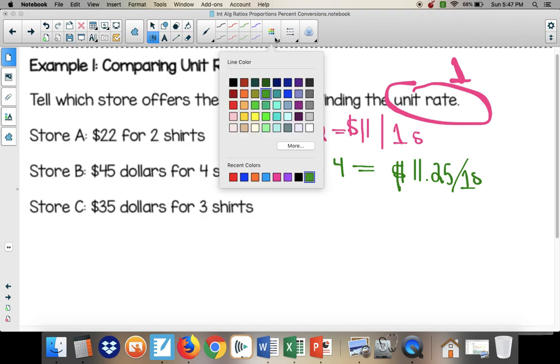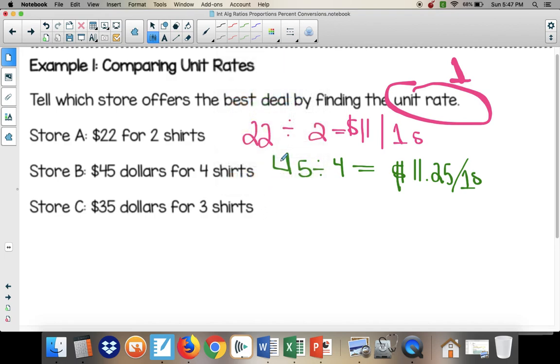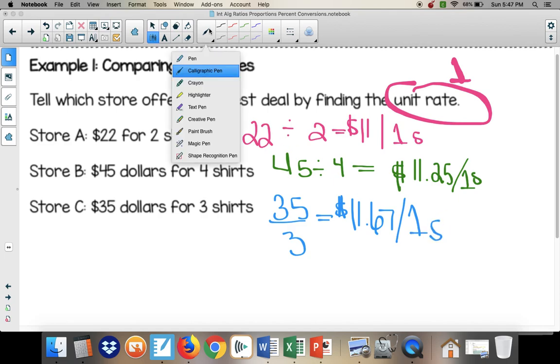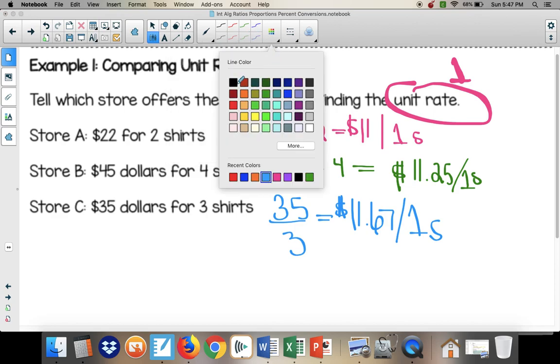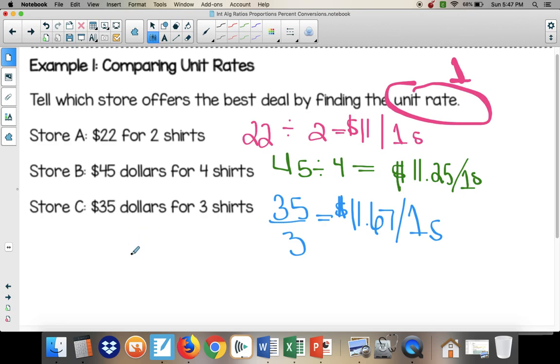So then when I look at store C, $35 for 3 shirts. We take 35 divided by 3, which is $11. And if I round it, it's 11.6 repeating, so $11.67 per 1 shirt. So by looking at these, the winner would be store A because it costs less money for 1 shirt.